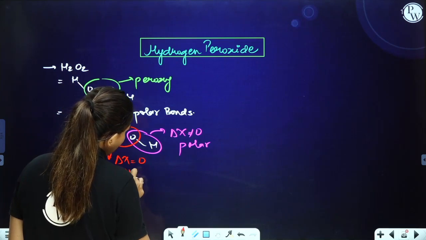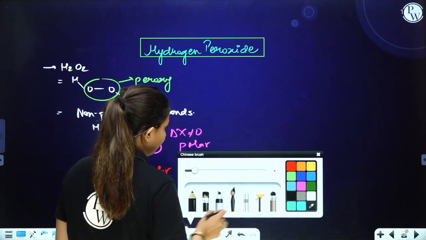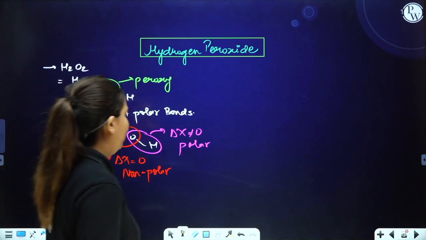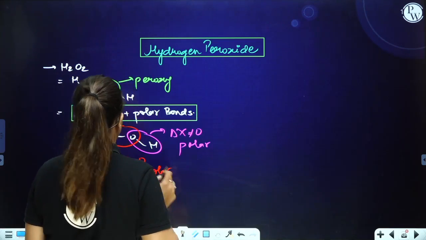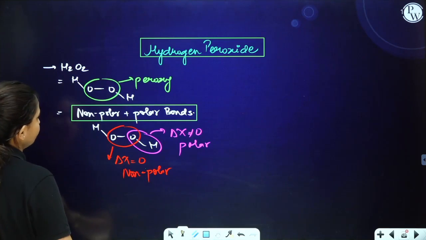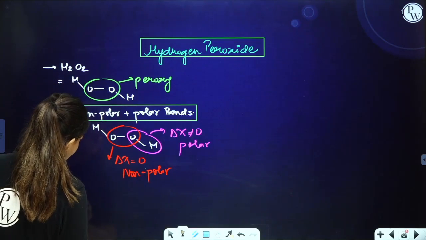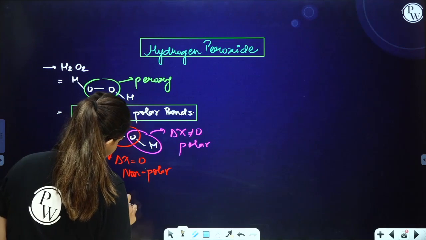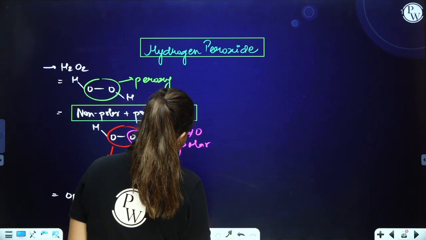So this bond will be considered as non-polar. One of the bond will be considered as polar and other will be considered as non-polar bond. Okay. After that, in this structure, we can also say that it has a structure looking like an open book. It is an open book like structure. If I make, it will be like this.